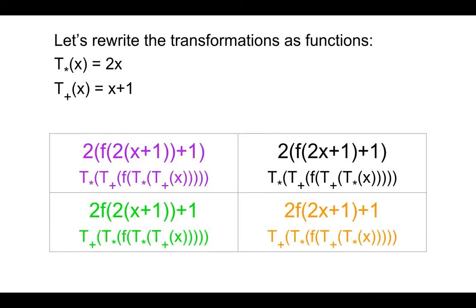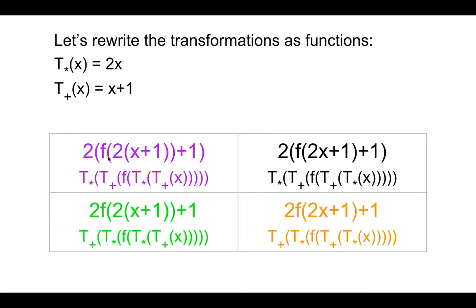And our shifting transformation we're going to write as t plus. Okay, so star for multiplying, plus for adding, right? Okay, so I can rewrite each of these functions as a series of transformation functions that are composed with our original f function.